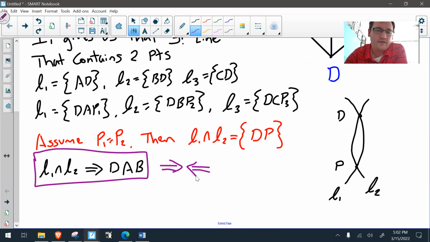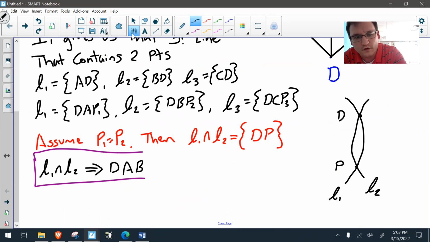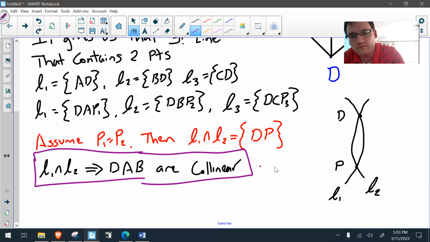Since L1 and L2 imply DAB are collinear, that is our contradiction, because by assumption we said D was our non-collinear point to line AB.